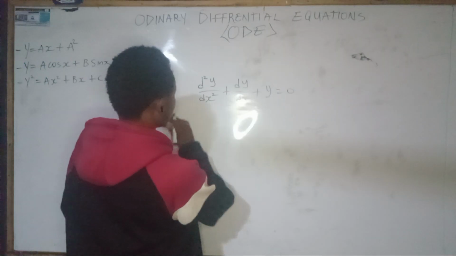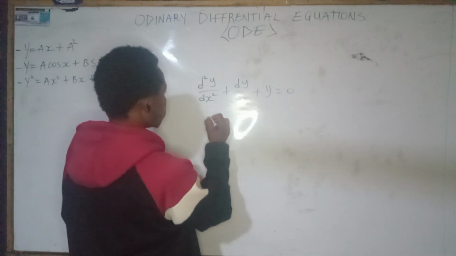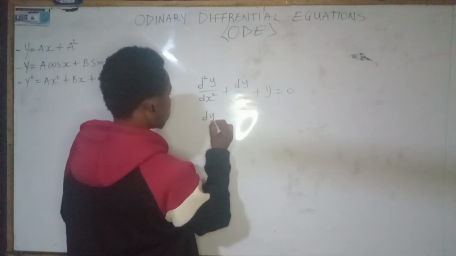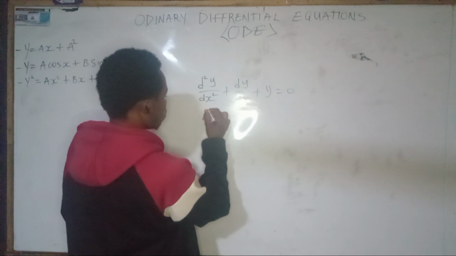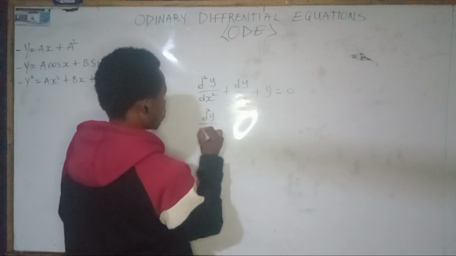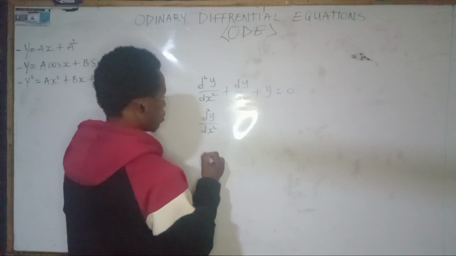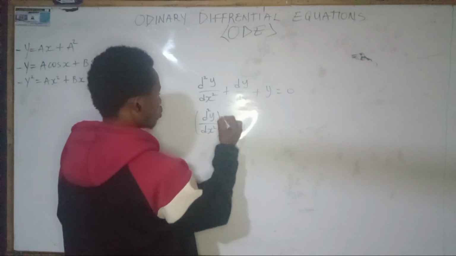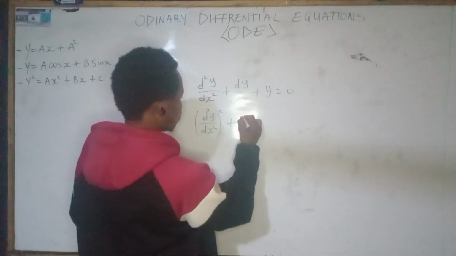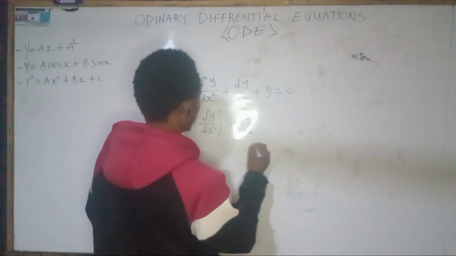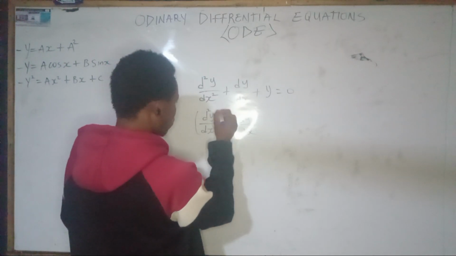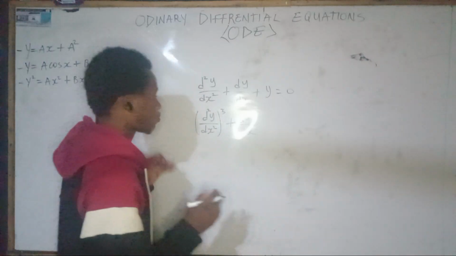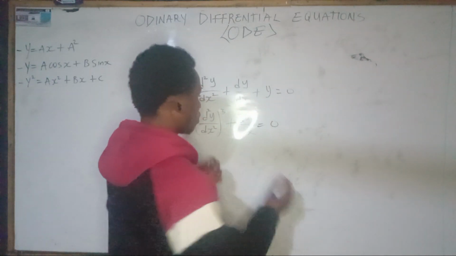We also have something like (d²y/dx²)² + (dy/dx)³, let's keep something like 3 or so, equals 0.